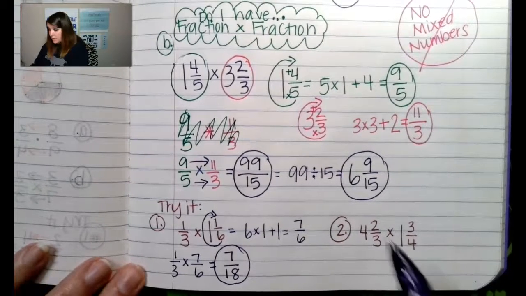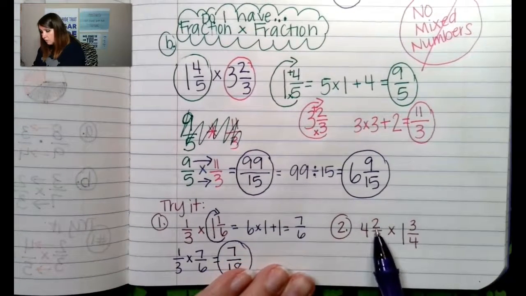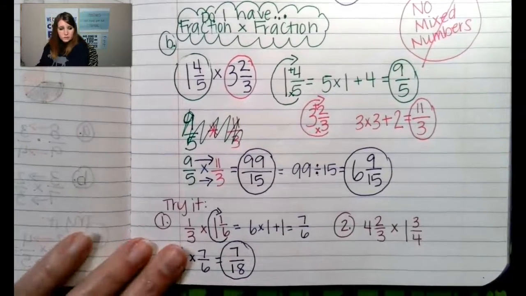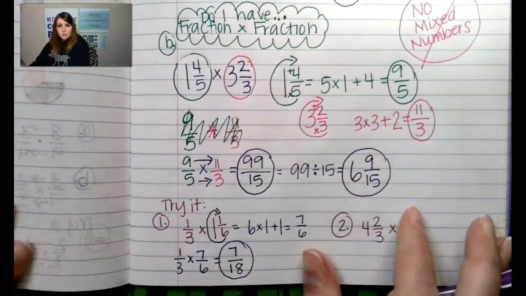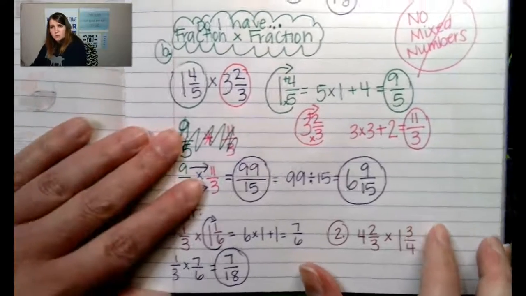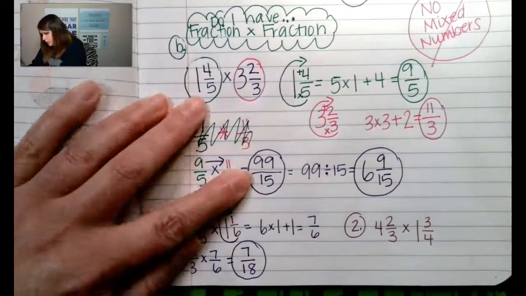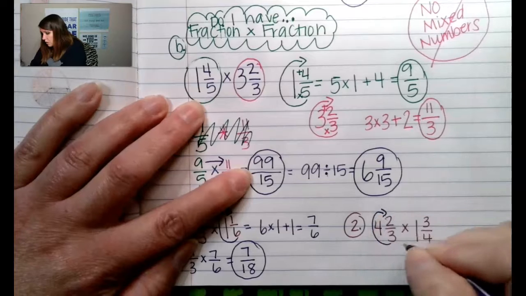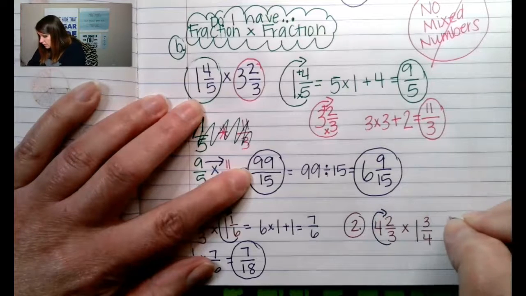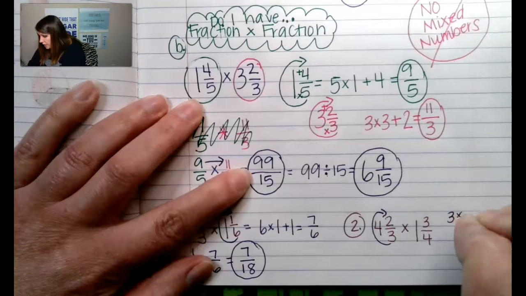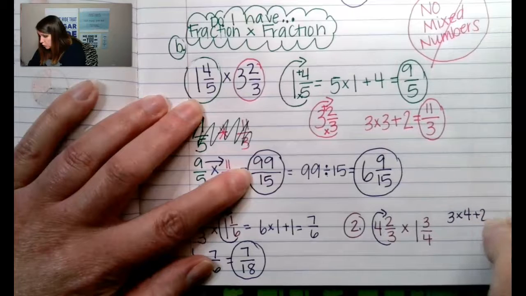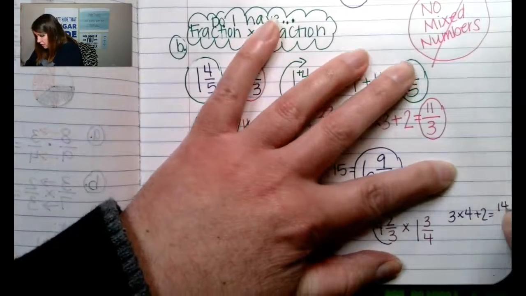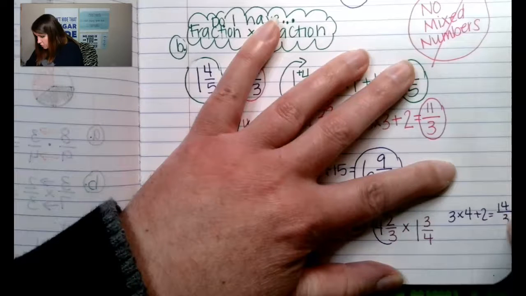Okay, this one, we do not have a fraction. We have a mixed number times a mixed number. So on this one, we're going to actually have to do double the conversions. So I should have 2 conversions going on here. I'm running out of room on my paper. All right, so I'm going to convert. So this one is 3 times 4 plus 2, 12, 14/3.